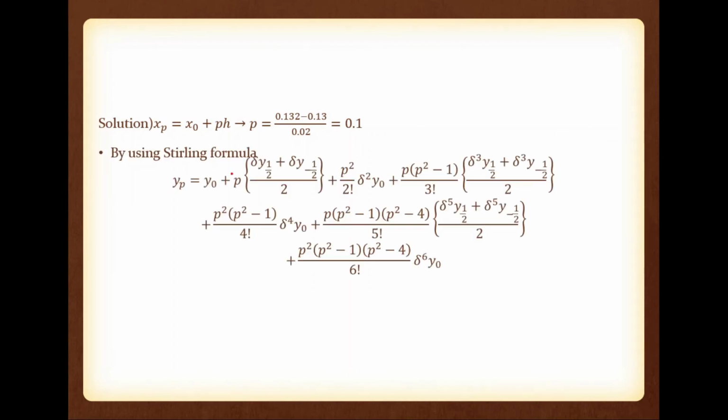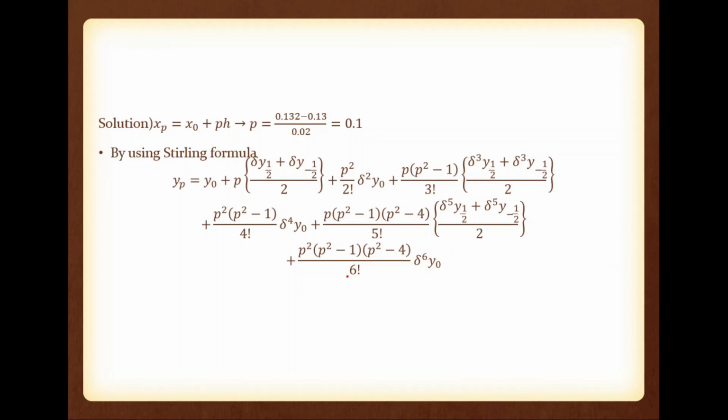The Stirling's formula is yp is equal to y0 plus p into theta y 1 by 2 plus theta y minus 1 by 2 divided by 2, plus p square by 2 factorial into theta square y0, plus p into p square minus 1 divided by 3 factorial into theta cube y 1 by 2 plus theta cube y minus 1 by 2 divided by 2, plus p square into p square minus 1 divided by 4 factorial into theta raised to 4 y0, plus p into p square minus 1 into p square minus 4 divided by 5 factorial into theta raised to 5 y 1 by 2 plus theta raised to 5 y minus 1 by 2 divided by 2, plus p square into p square minus 1 into p square minus 4 divided by 6 factorial into theta raised to 6 y0.